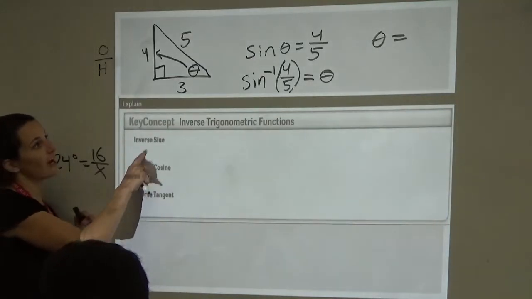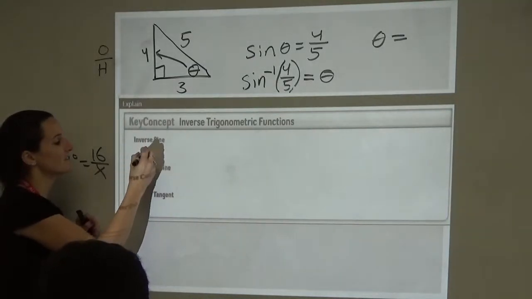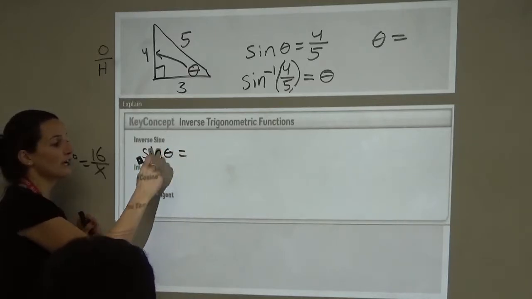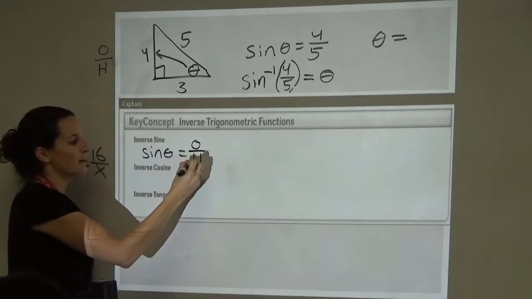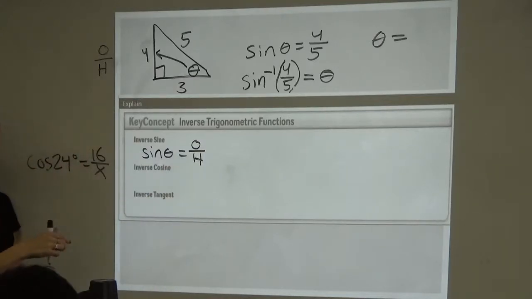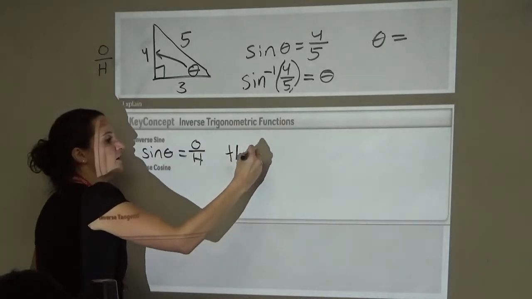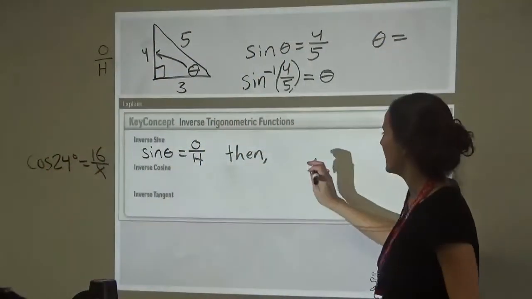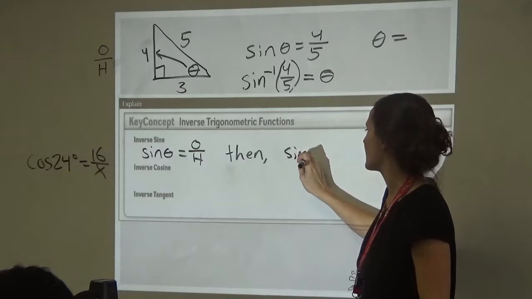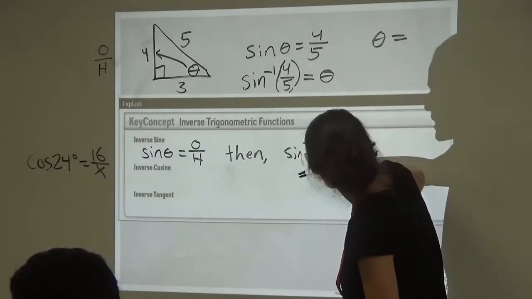So for inverse sine, we just talked about because sine of theta, like regular sine of theta, is always opposite over hypotenuse. Then we know if we switch our independent and dependent, then that's inverse sine.